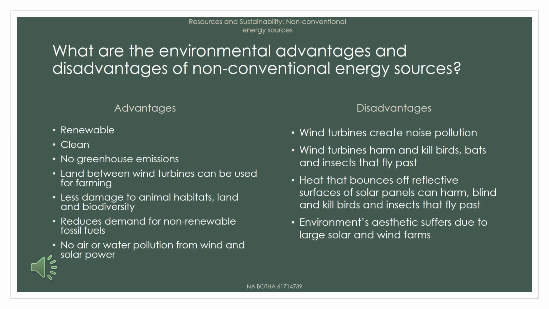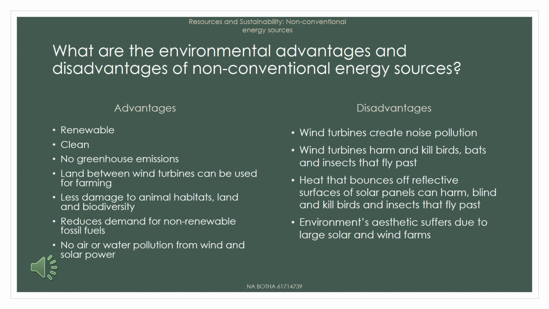What are the environmental advantages and disadvantages of non-conventional energy sources? The environmental advantages of non-conventional energy sources are: it is renewable and it will never run out. It is a clean source of energy. No greenhouse gas emissions are produced during operation.